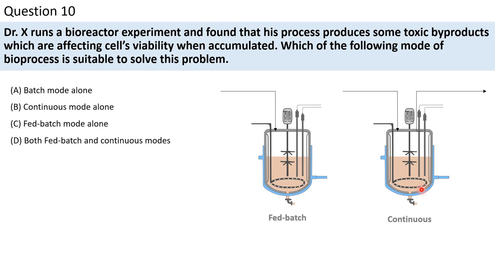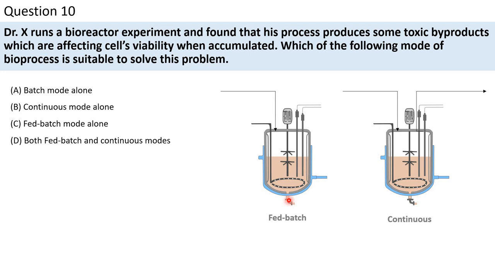So what is the Crabtree effect? If we are increasing the concentration of the substrate to almost 200 or 300 gram per liter during batch fermentation, whatever substrate is available will be used for all the other metabolic activities as well.